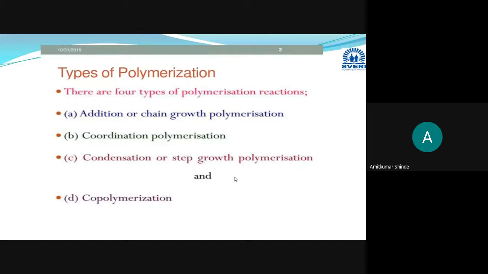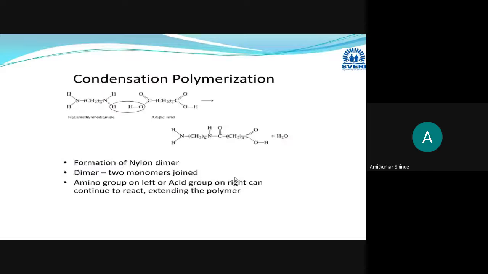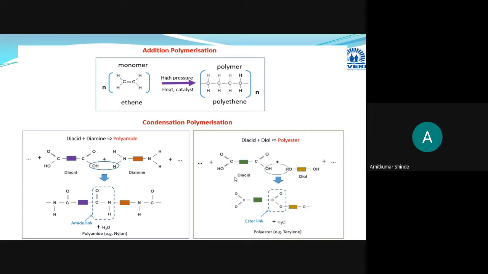After this, we discussed the types of polymerization: addition polymerization and condensation polymerization. We discussed the stages in addition polymerization: initiation, propagation, and termination. Then we explained it with one example. Polythene is an example of addition polymerization.